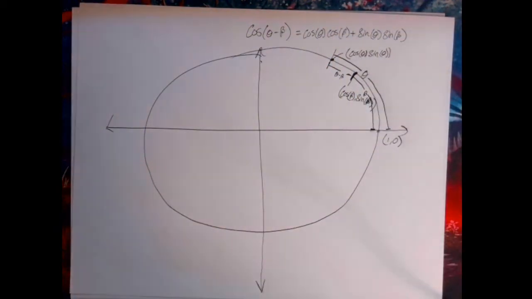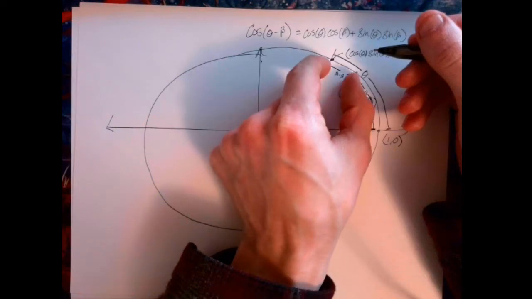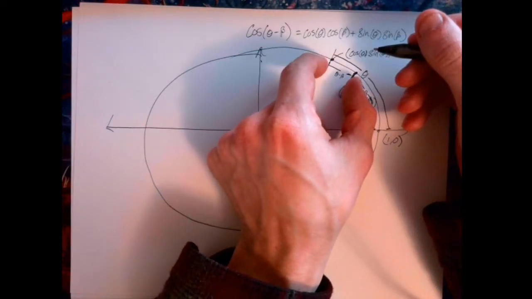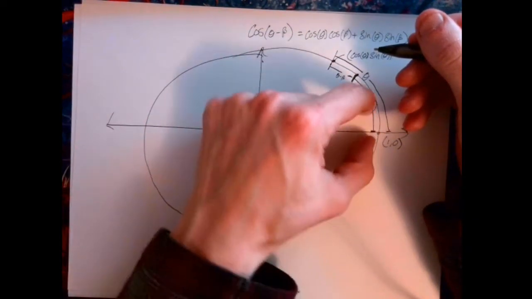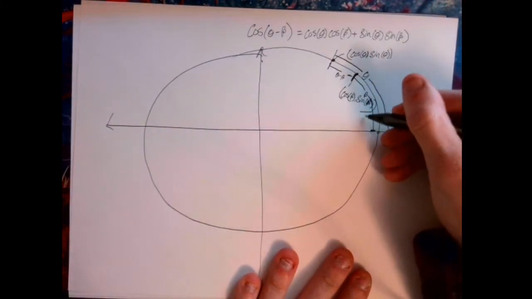But if we wanted to measure that angle, it'd be hard to do it from here, because where do we measure angles from usually? We start at the x-axis. So if we take this segment of the circle and just translate it down there, we would have this theta minus beta.